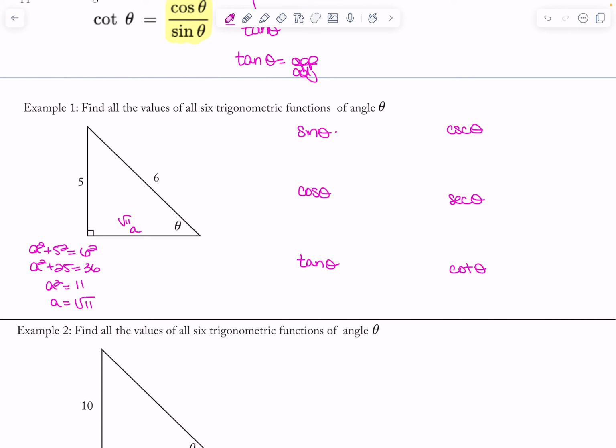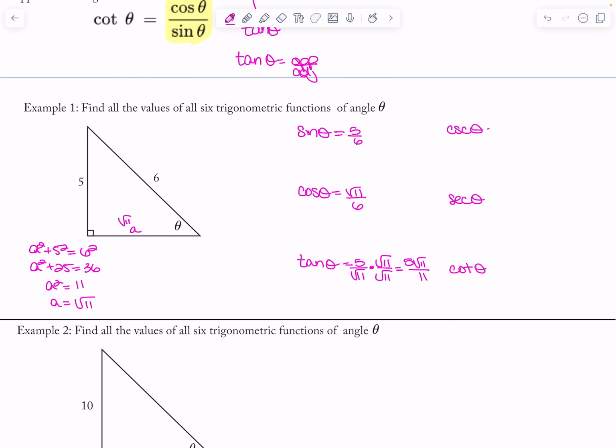Now sine of theta is 5 over 6. Cosine of theta is going to be root 11 over 6. Tangent of theta is going to be 5 over root 11, and I have to rationalize the denominator, so multiply top and bottom by root 11. So 5 root 11 over 11.